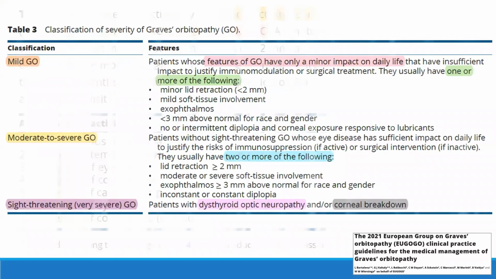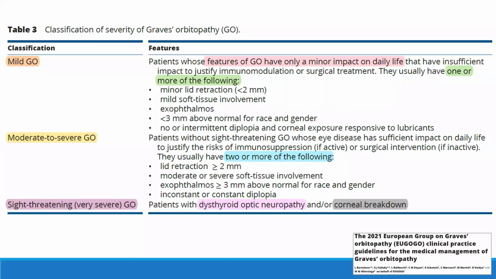And another very important slide which decides how to manage Graves' orbitopathy is a classification according to the severity. Mild Graves' orbitopathy, moderate to severe Graves' orbitopathy, and lastly sight-threatening or very severe Graves' orbitopathy.